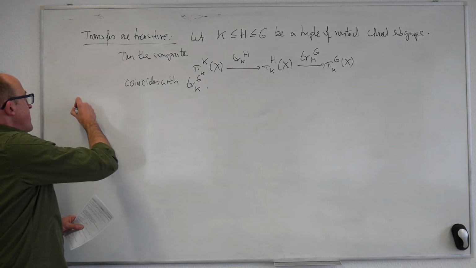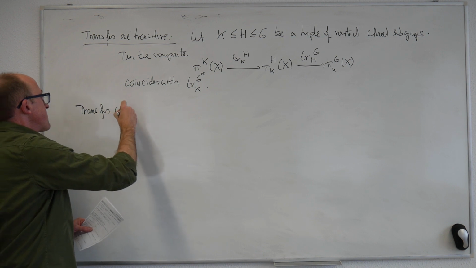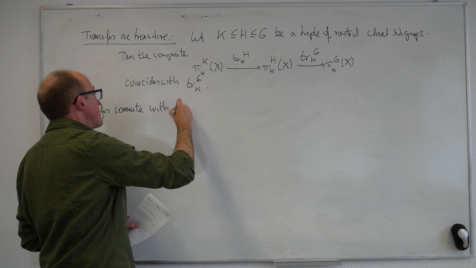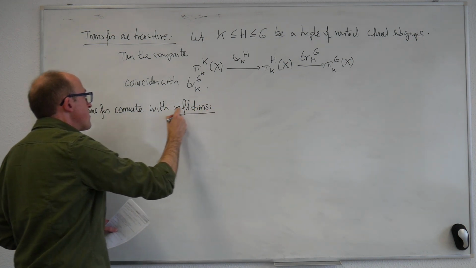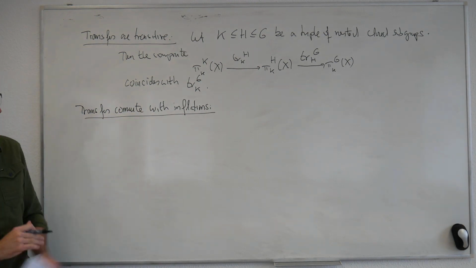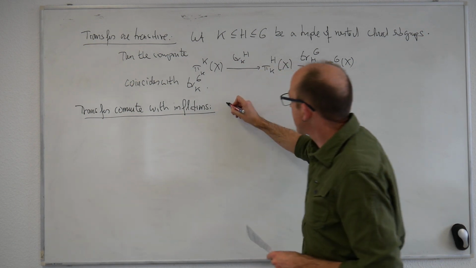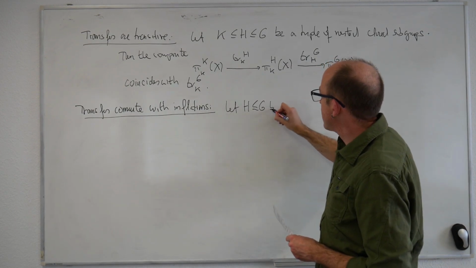The next property is that transfers commute with inflations. So this is a slogan that's slightly imprecise, but I'm giving you the precise statement right now. So we have, again, a closed subgroup. Let H inside G be a closed subgroup.